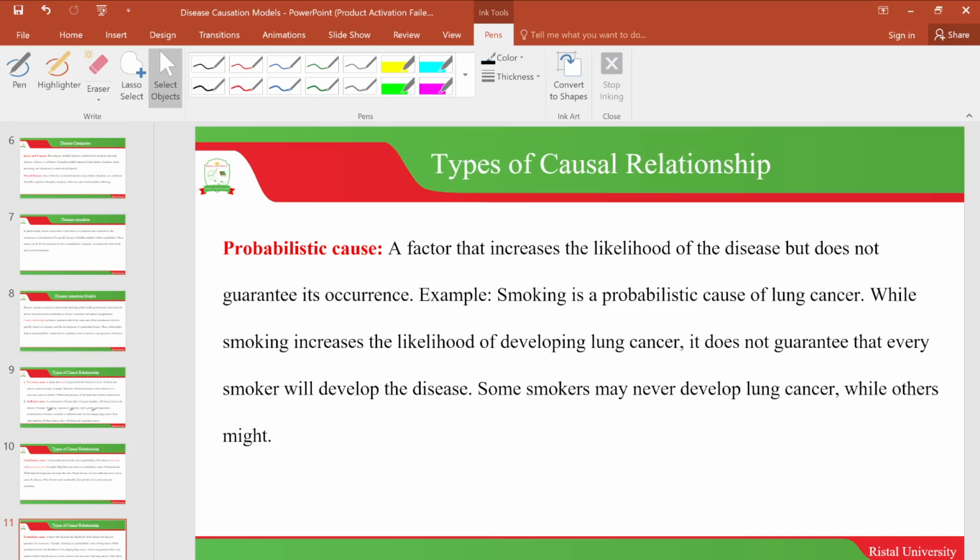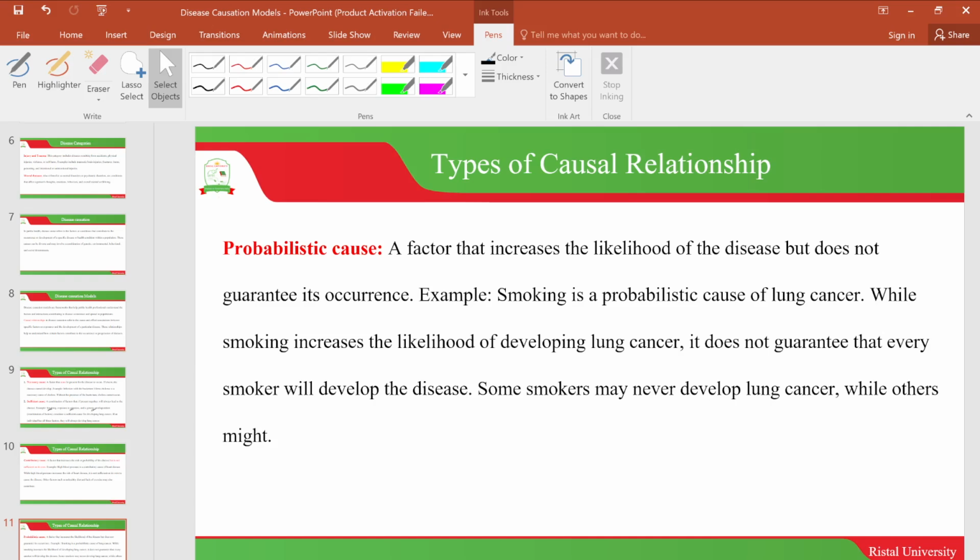So it is also closely linked to what we are calling probabilistic cause. It's about probability. Exposure to a particular agent does not necessarily mean that you will get a particular disease. Sometimes it is not the case, but it can increase your risk, but it alone may not cause the disease to occur.